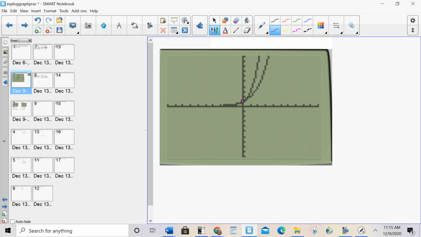And every exponential graph will pass through that point right there. So we have y equals 2 to the power of x, and we have y equals 3 to the power of x. And that point is 0, 1. Every exponential graph will pass through the point 0, 1. Every non-translated exponential graph. If it gets shifted, that can change. But every non-translated exponential graph passes through 0, 1.